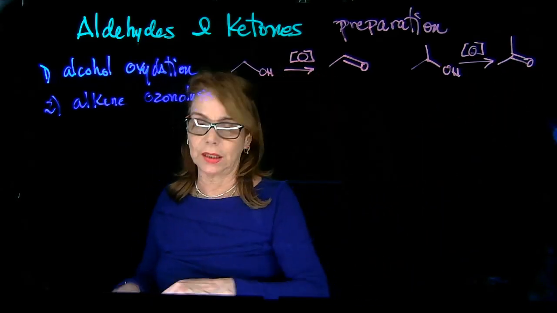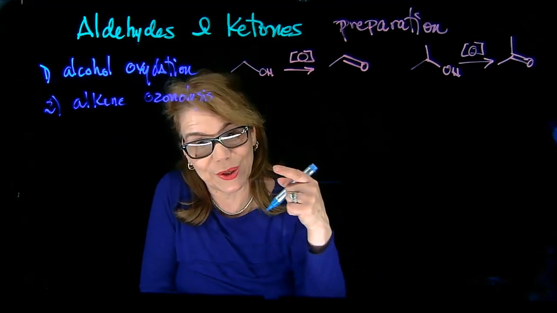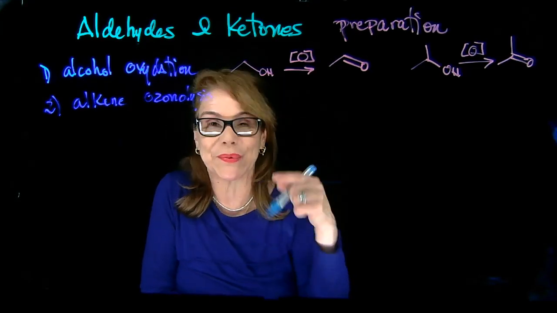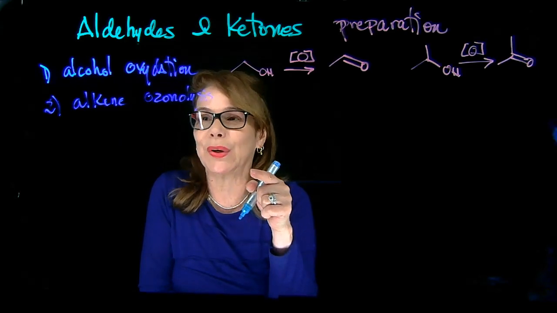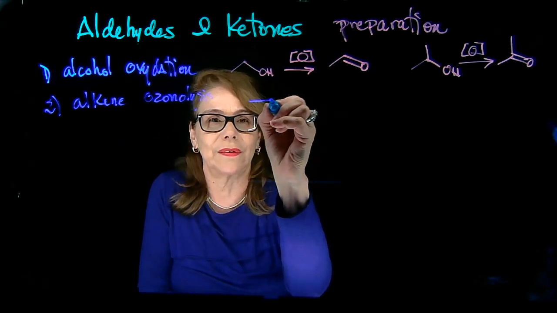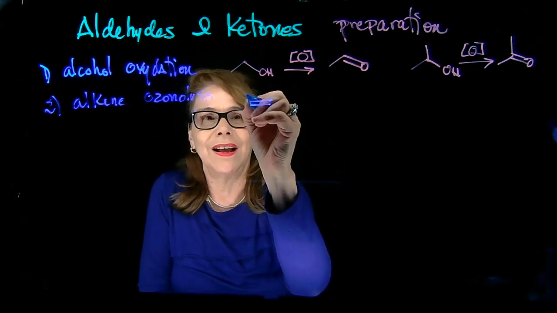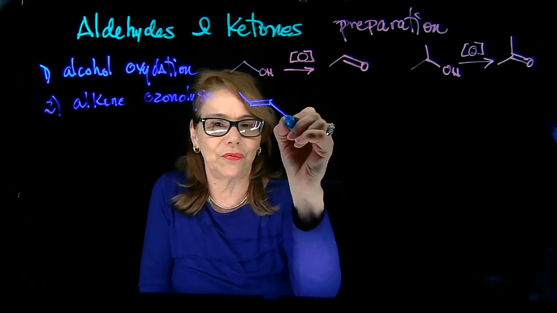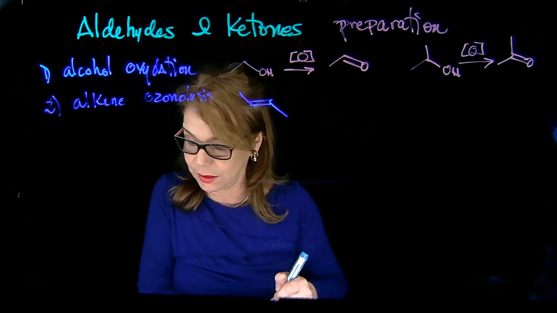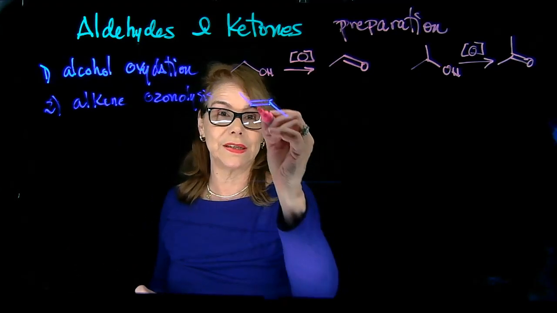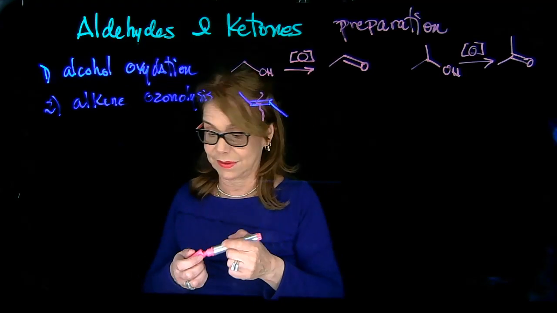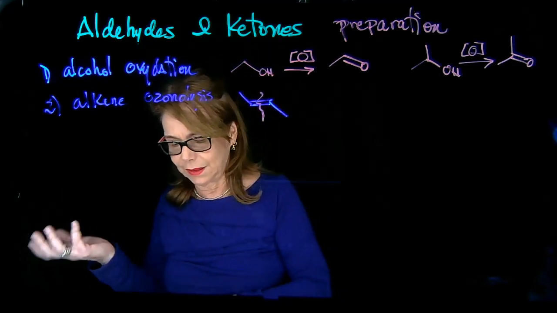Then we studied, and again, you can always look back to that video, the second reaction that we did, the alkene ozonolysis. So alkenes have the double bond, and depending on the substitution of that double bond, when you cleave it, you're going to get the type of products that you want, aldehydes or ketones.